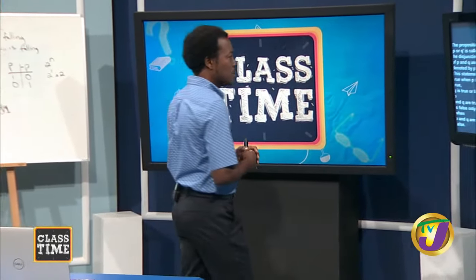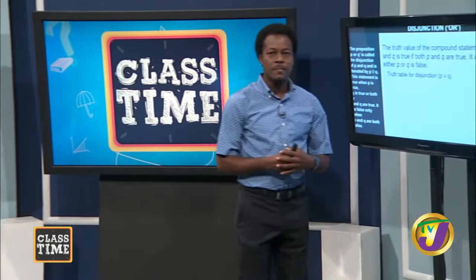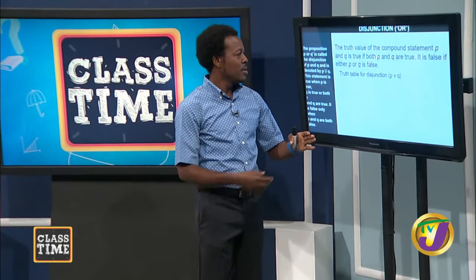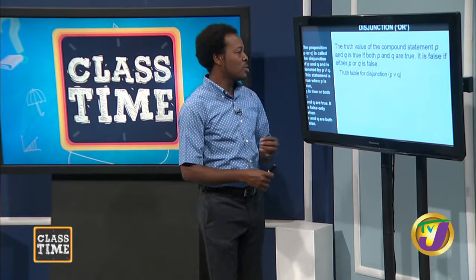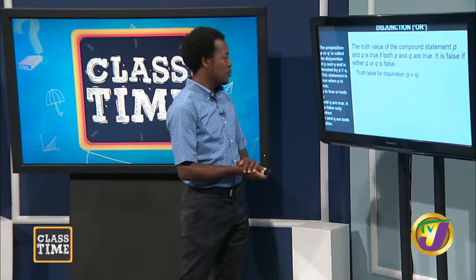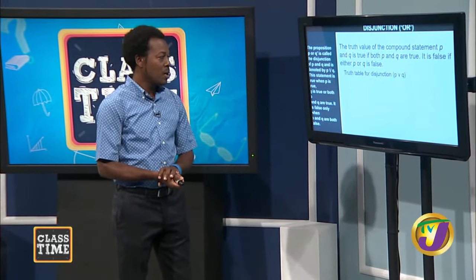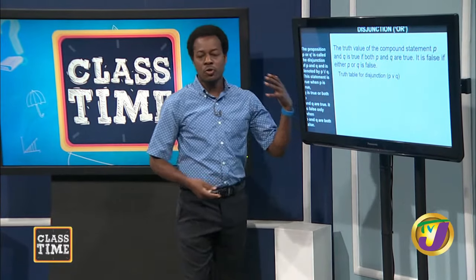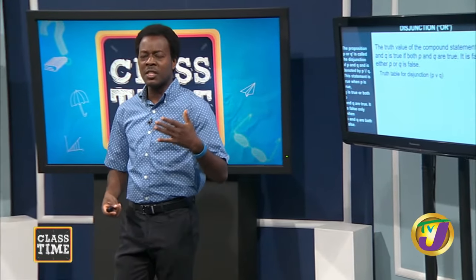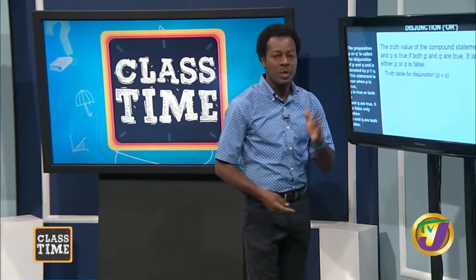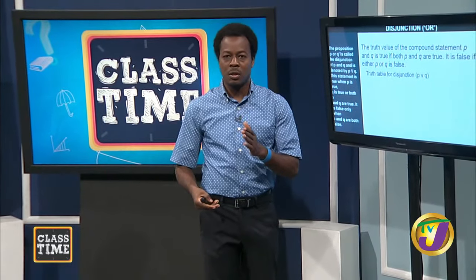Unlike the compound statement or proposition, as I said, if it's not your right hand, it's your left hand. This disjunction, on the other hand, the proposition P or Q, is true if both P and Q are true, or if P or Q is true, just like sets, right?